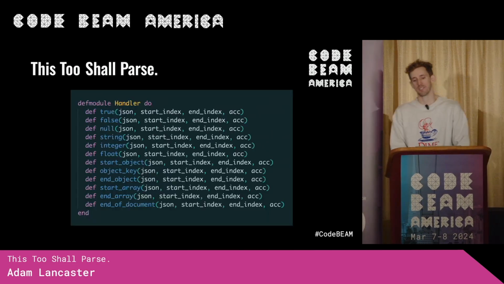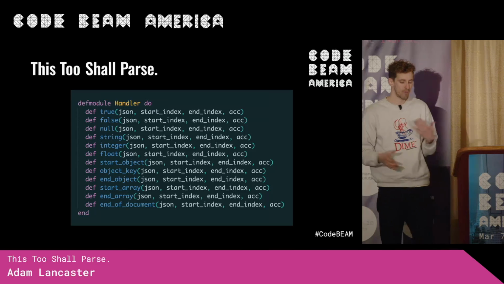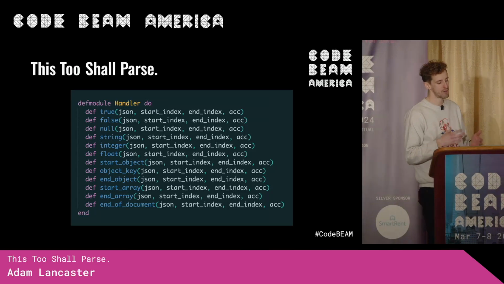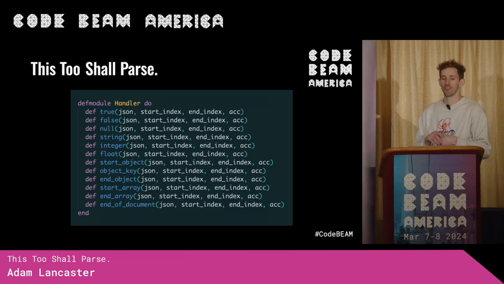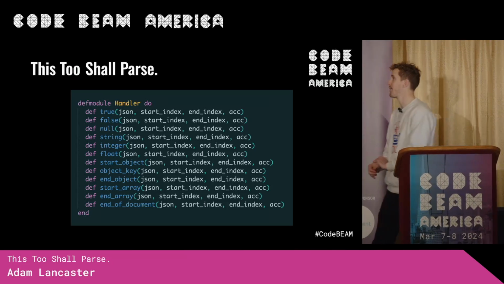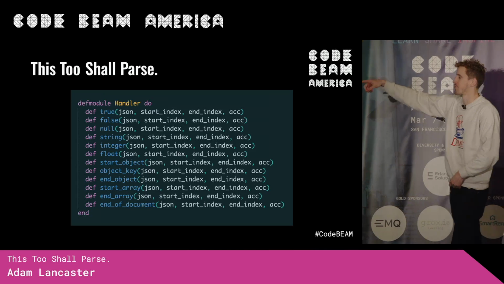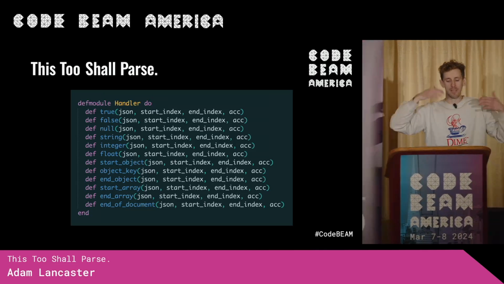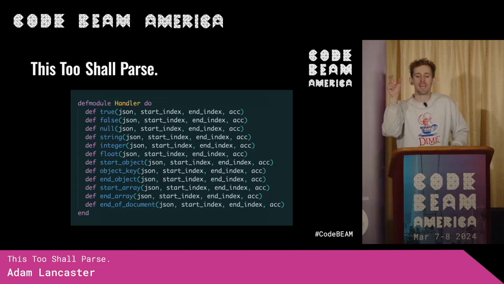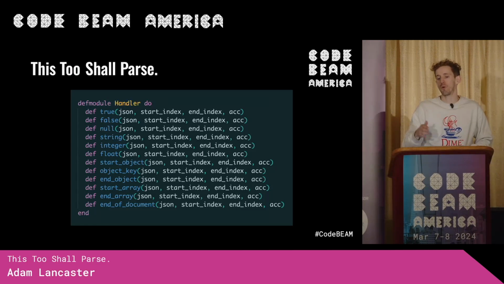So for the handler itself, with SAX parsers and this kind of idea, there's a lot of flexibility, and different implementations have different opinions about what should go in it. Here, the API is basically: I see a true value, or a false, or a null, or a string, integer, float, the start of an object, the end of an object, etc. All of the things that can be in JSON have a corresponding callback function.